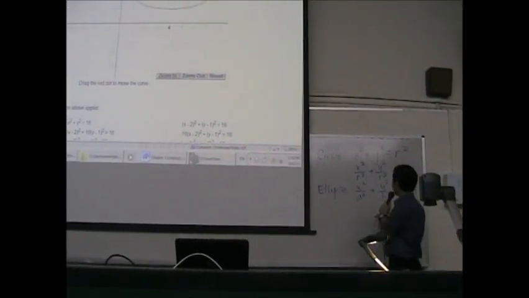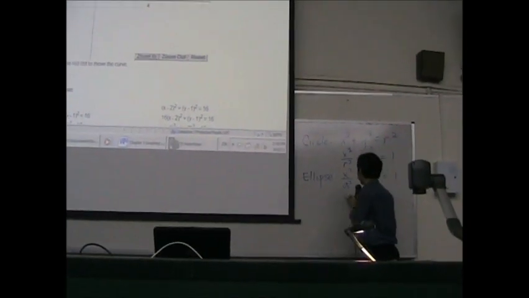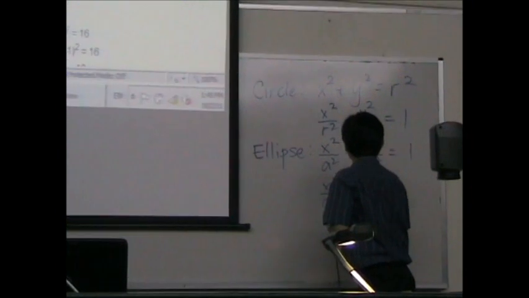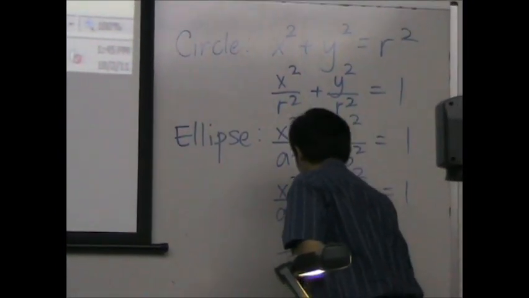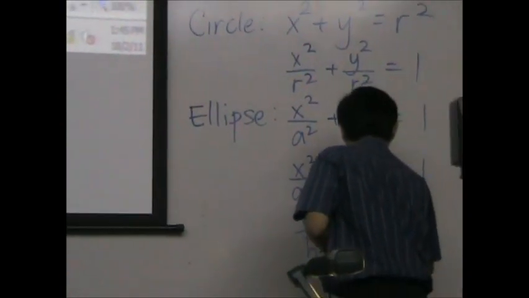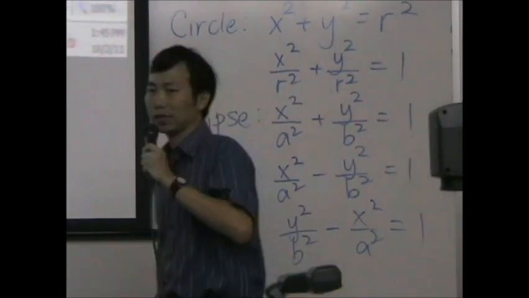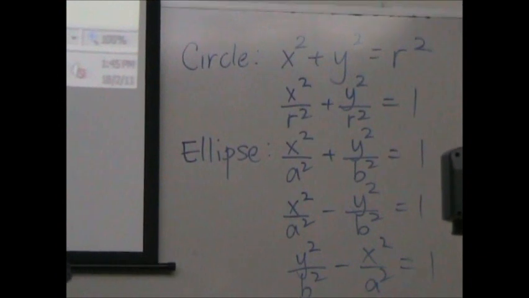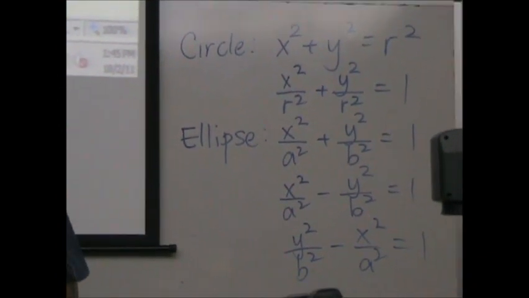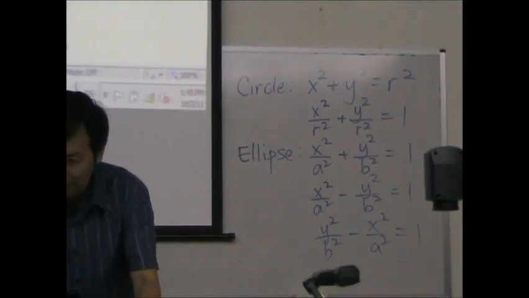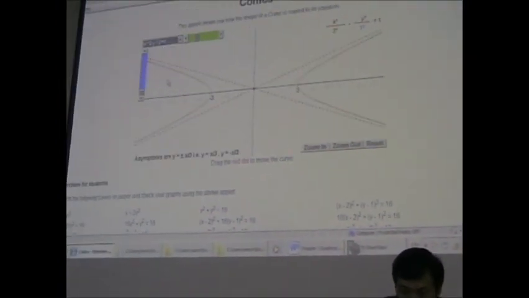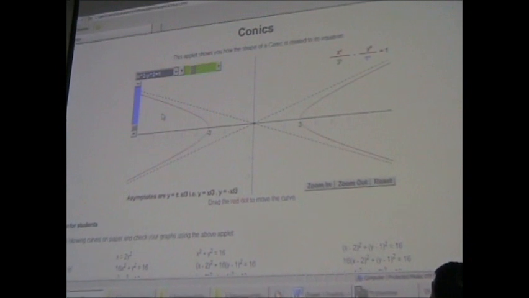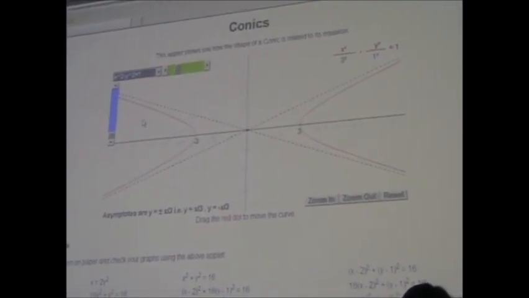Okay, then now the last type: what happens if I change a plus to a minus? Change a plus to a minus, and you find that the shape is totally different. Okay, let's move this back to the center first. So for x squared minus y squared, the shape looks like this.